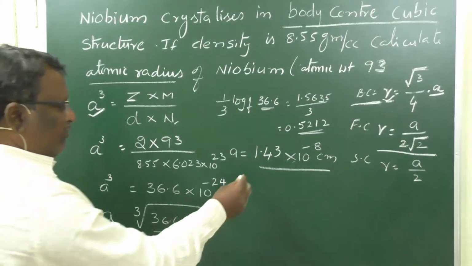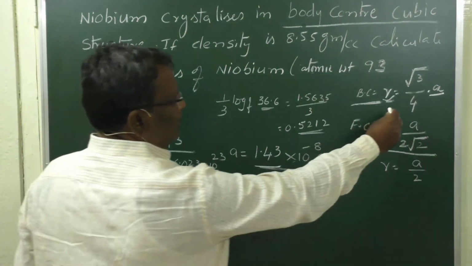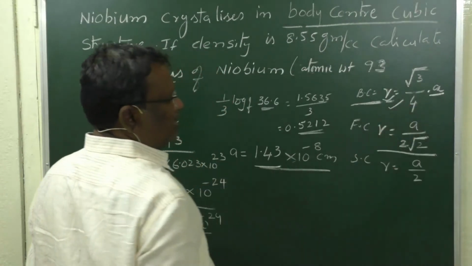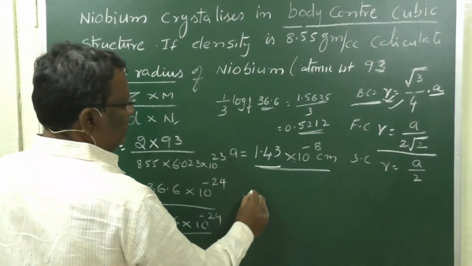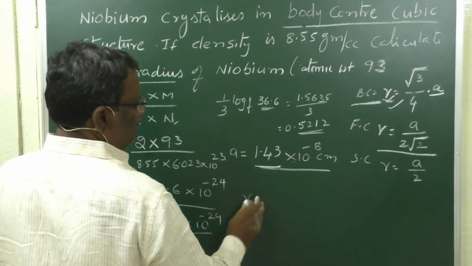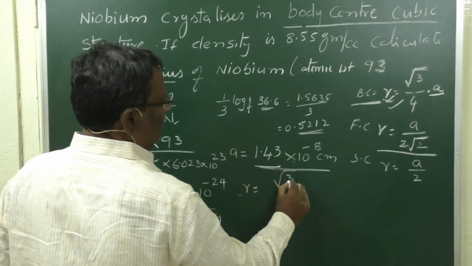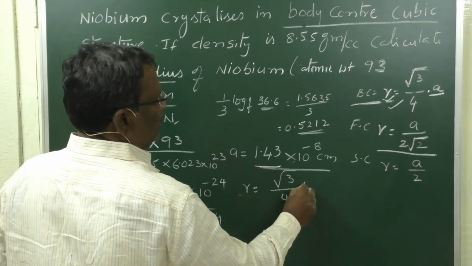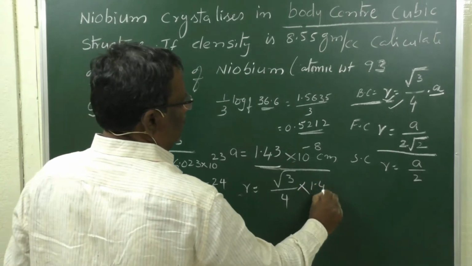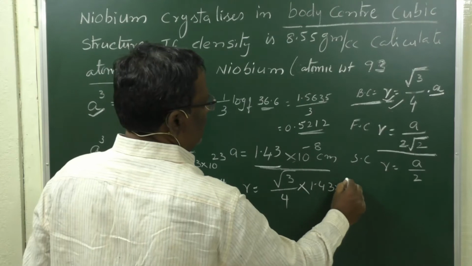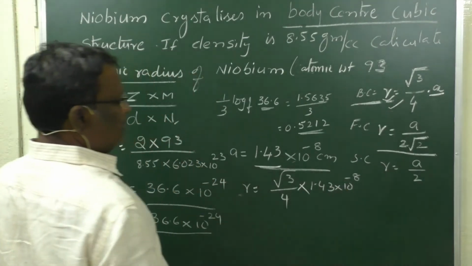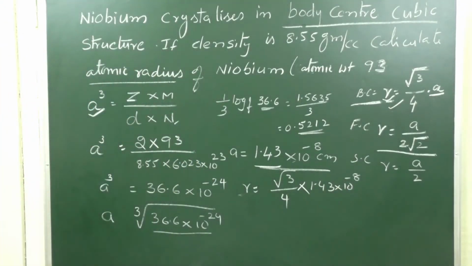If you know the A value, you can calculate R using the formula R is equal to root 3 by 4 into A, with A as 1.43 × 10^-8. Root 3 is 1.73 by 4 into 1.43 × 10^-8.